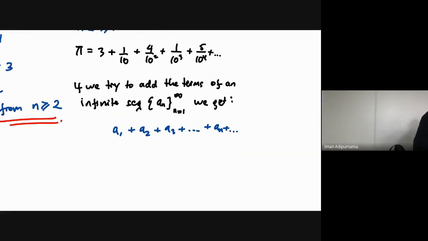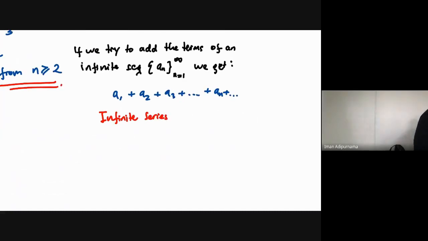We call this an infinite series, or you can just call it a series. And it's denoted by the complete form, but usually if you just write sigma, it means it is a sequence that you need to add up, so that is the series.